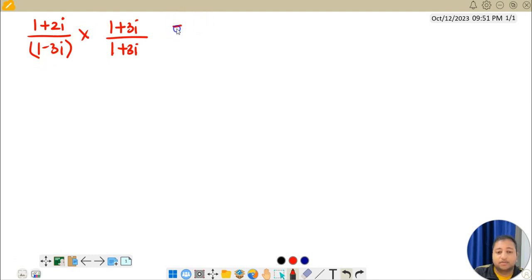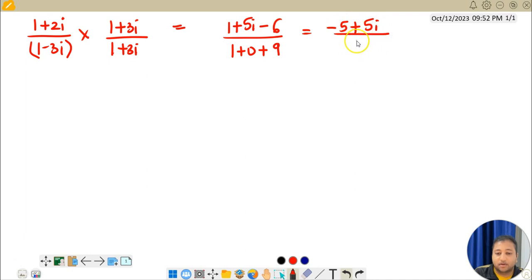Now we will multiply this out. The numerator is multiplied with the numerator and the denominator with the denominator. That gives me 1 plus 5i minus 6 divided by 1 plus 0 plus 9. So that gives me minus 5 plus 5i over 10.